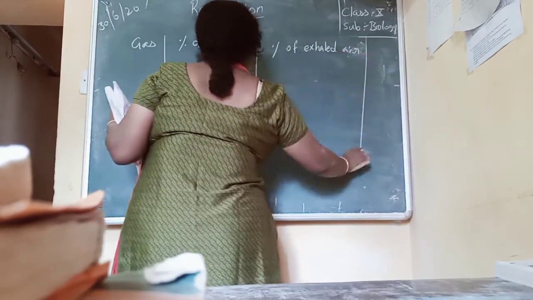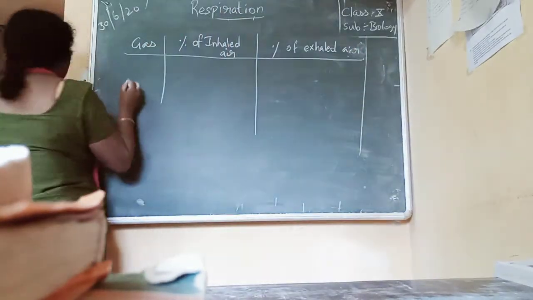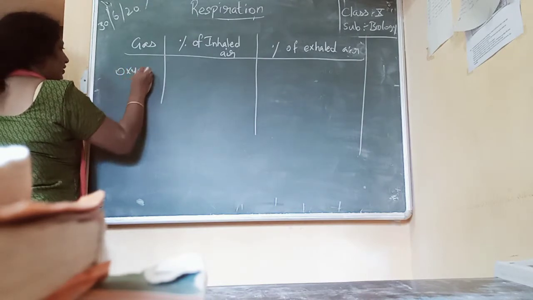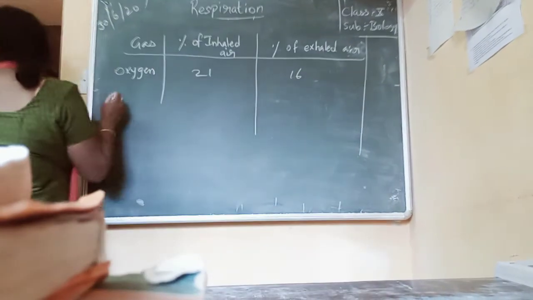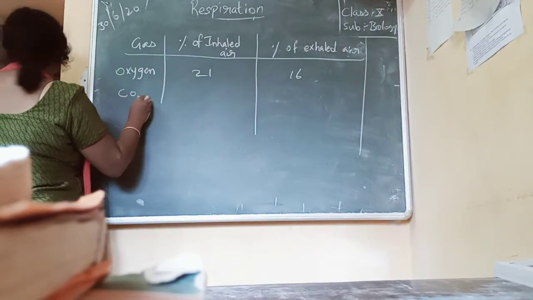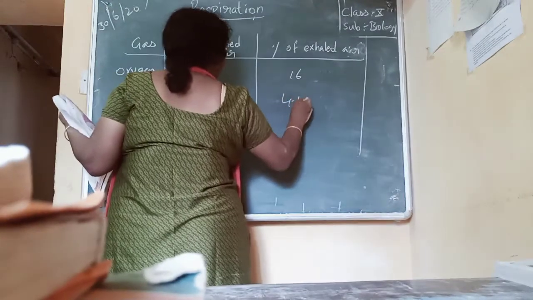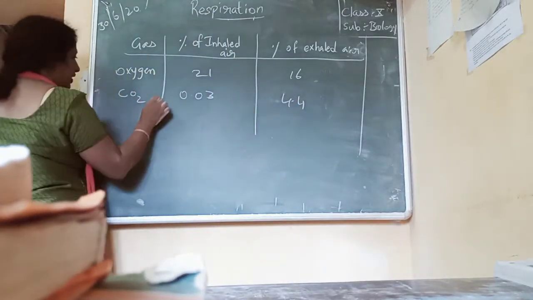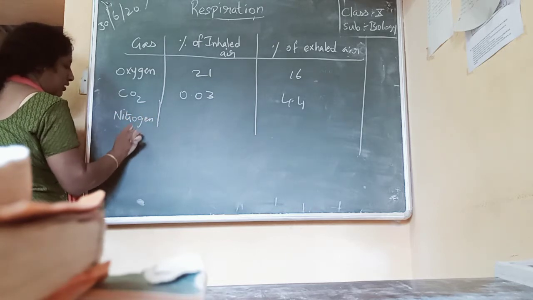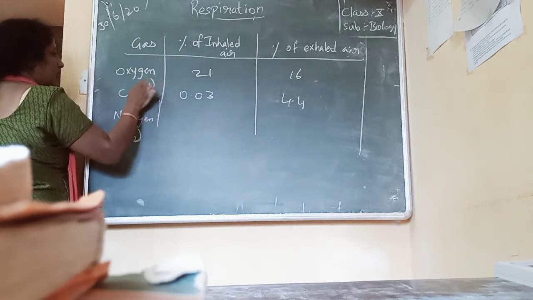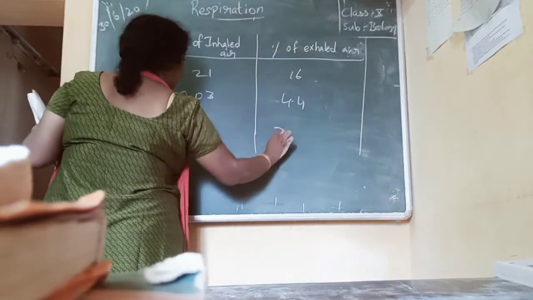So you see oxygen 21%, 16%, carbon dioxide CO2 0.03% and 4.4%, and nitrogen 78% and 78%.